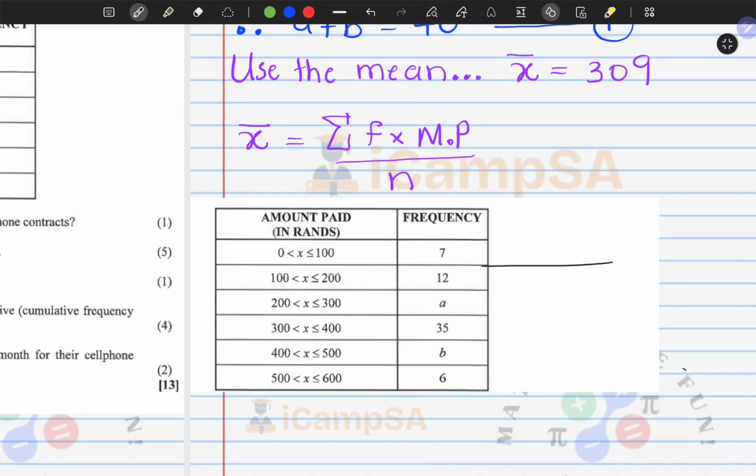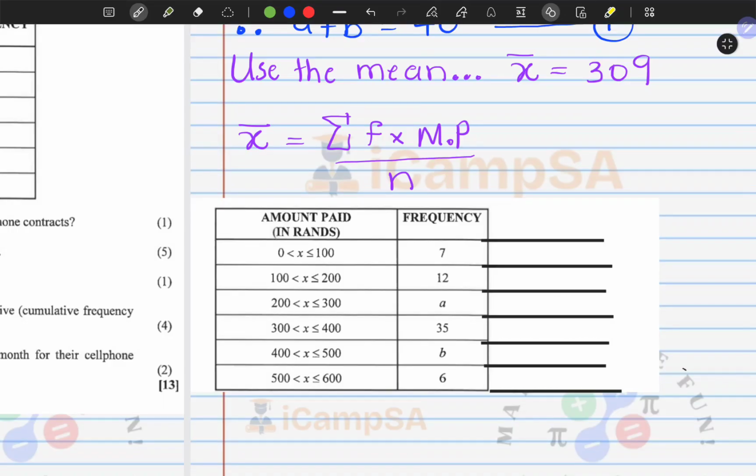Okay, so I'm just going to have something like this here, then let's close it here. Okay, so what I want to do here is to put the midpoint.